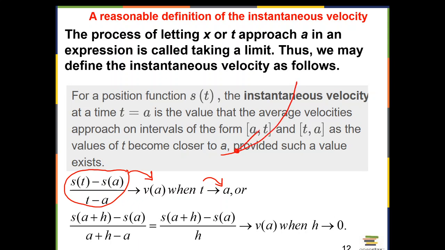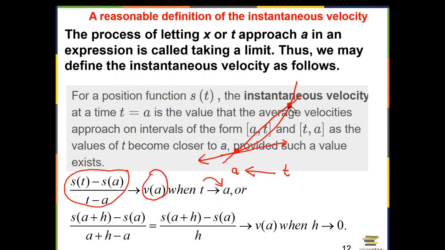If you have this secant line here, with a and t, and you want to find the velocity at a, which is the slope of the tangent line at a, to find that we have to let t approach a.